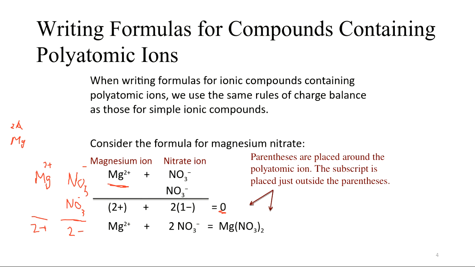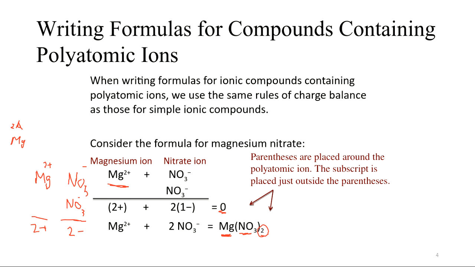So how am I going to write the compound in the end? It will be magnesium. The first step is the metal. And then between brackets or parentheses, we are going to write the polyatomic ion. And then outside the brackets, I'm going to write the subscript.